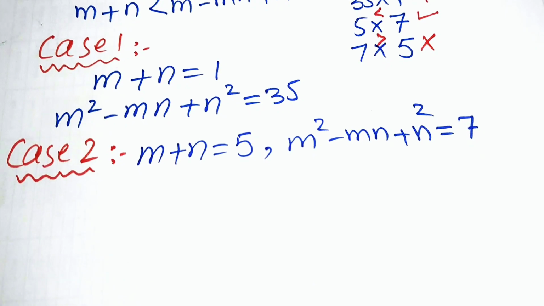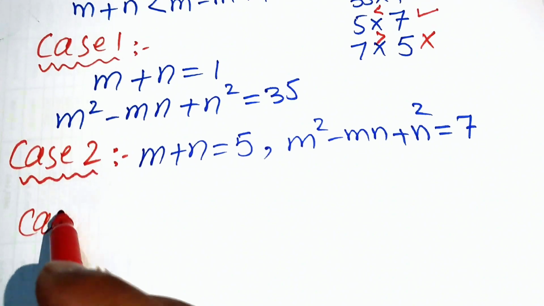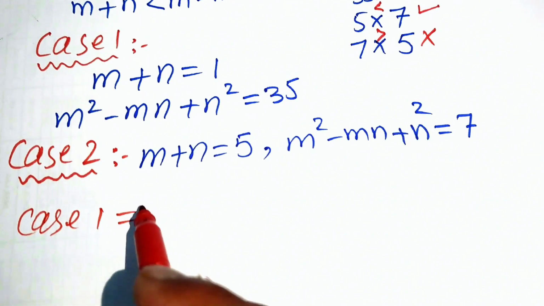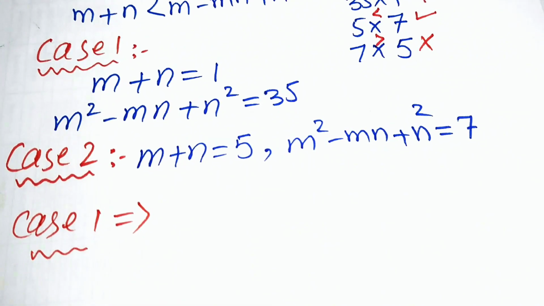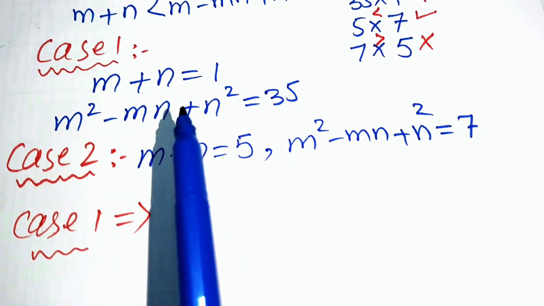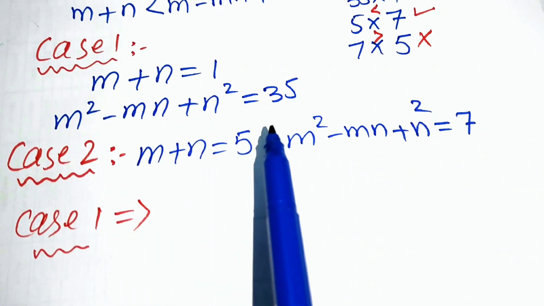First, we solve case number 1, where m plus n equals 1 and m squared minus mn plus n squared equals 35.